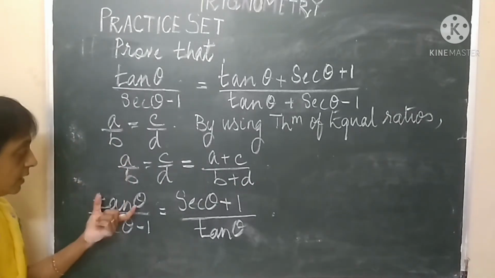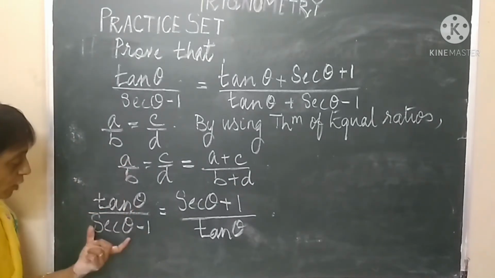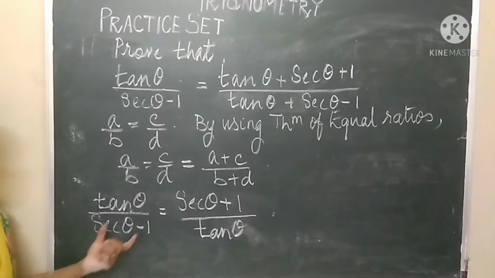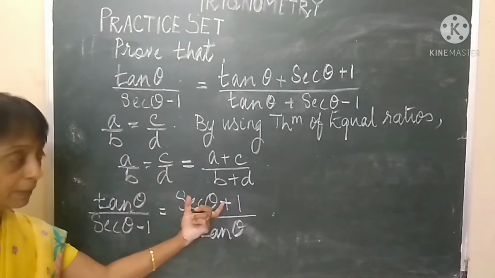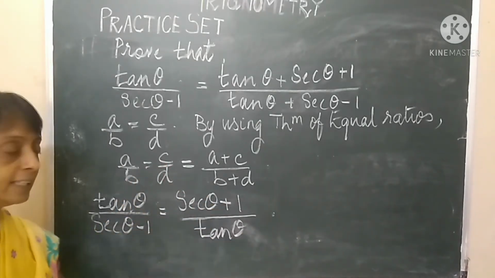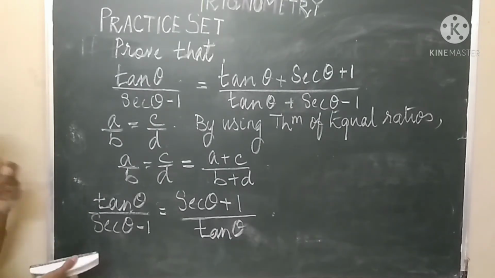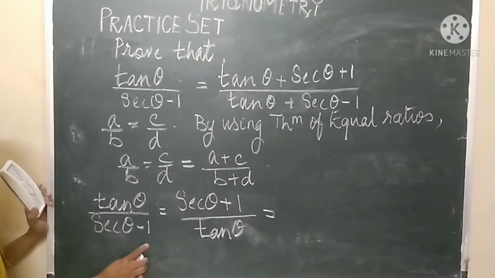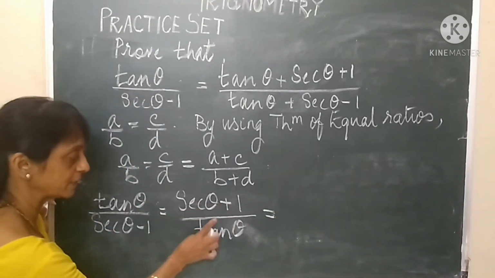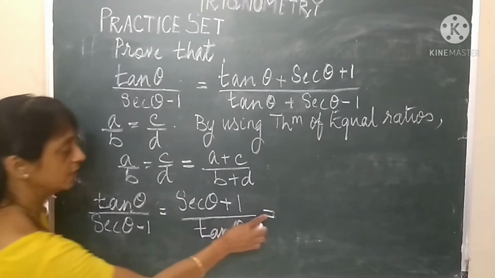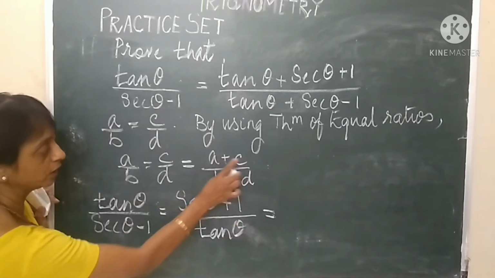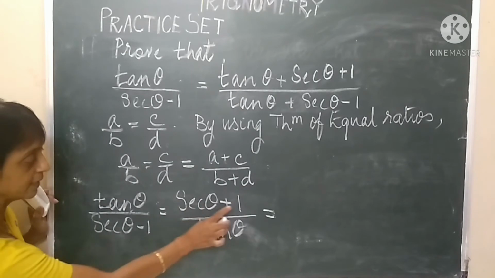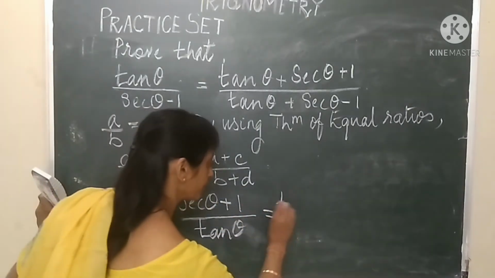What is our A over here? Tan theta. What is our B over here? Sec theta minus 1. What is C? Sec theta plus 1. What is D? Tan theta. So finally, we can use theorem of equal ratios, which gives us tan theta upon sec theta minus 1, which is equal to sec theta plus 1 upon tan theta, which is equal to addition of both the numerators, that is A plus C. What is our A?